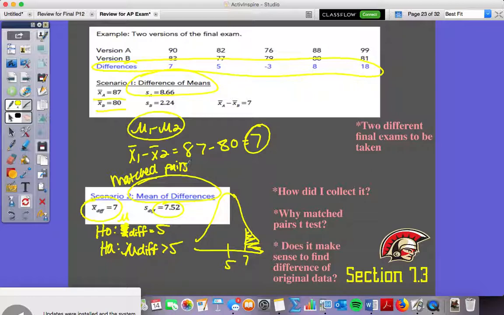I don't have to say anything about them both taking both finals. That might be a good idea. Yeah, I would, because it's the same person, right? Same person. What do you name the test? Matched pairs t-test? I've heard paired t-test. Yeah, I've seen one sample. No, it's probably matched pairs t-test or paired t-test. That's fine. Cool.